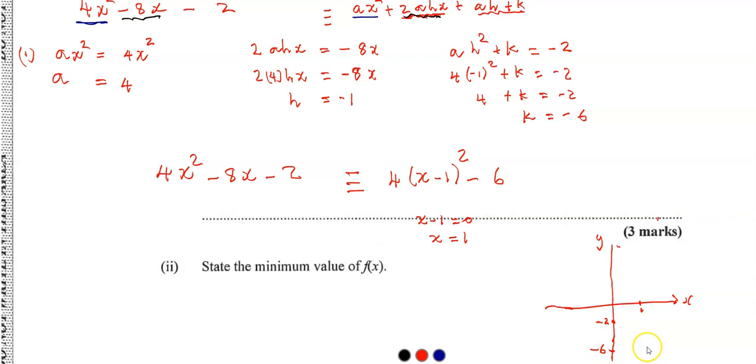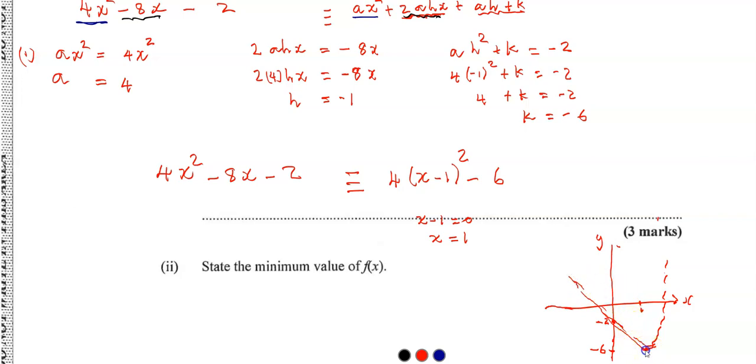So the minimum value is going to be the lowest point on the curve there, like that. Alright, this is not so glorious with this pen. Okay, so that's the sketch of our graph there.